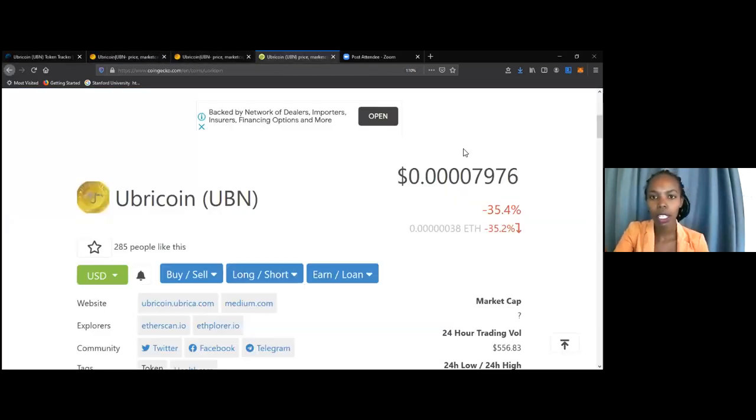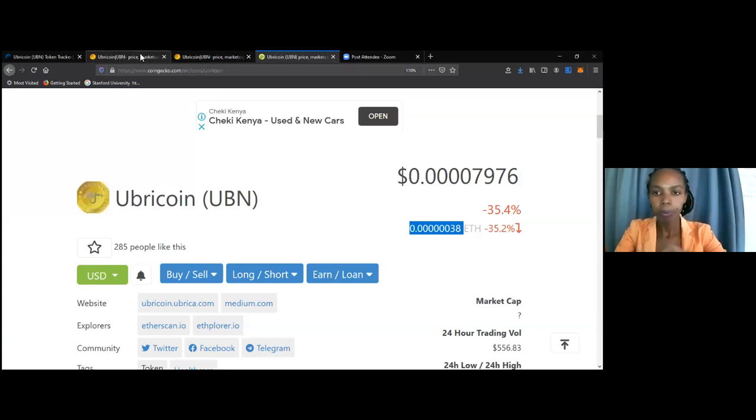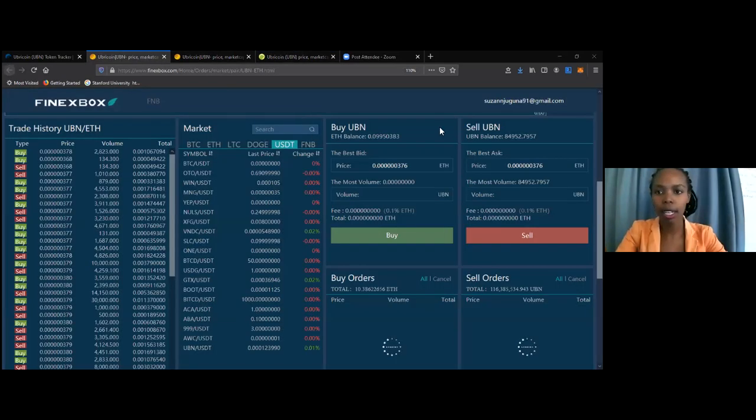Now let me check. He said the price in CoinGecko is different to Finexbox. Okay, this is the price in CoinGecko, and this is the amount of ETH they are talking about. To confirm that, we go back to the market and see the price in Finexbox, UBN ETH.